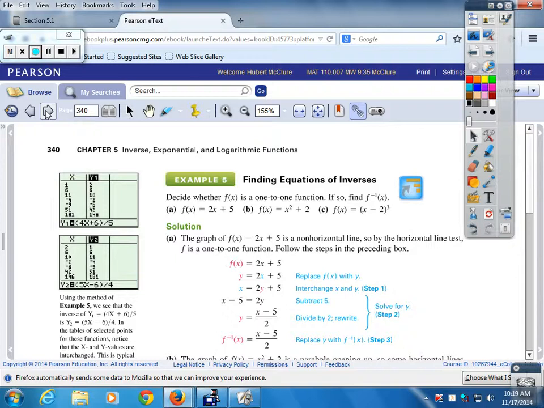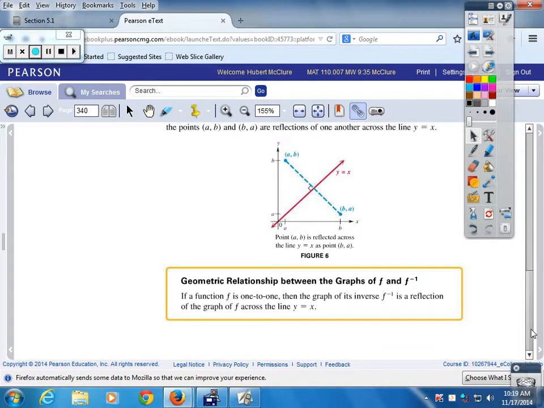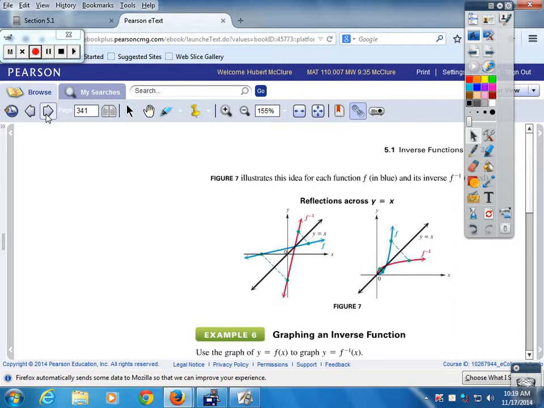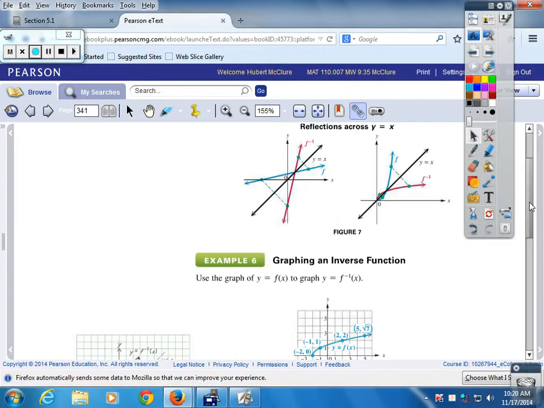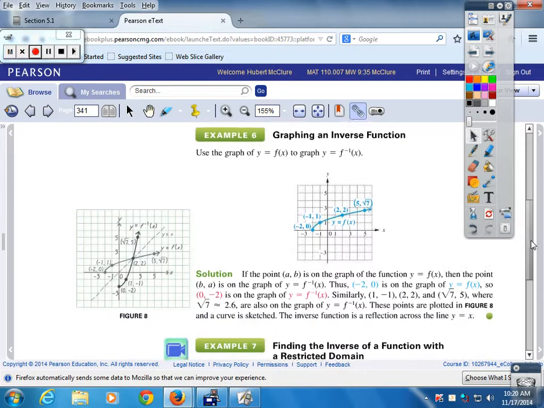Let's see. Check algebraically. f of g and g of f. Okay, now we're getting into where? There we go. Here we go.